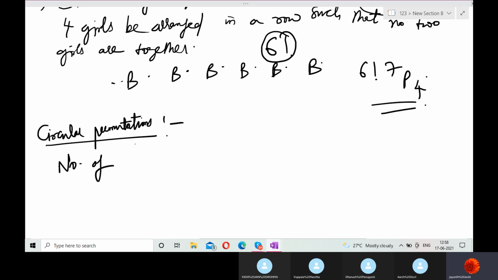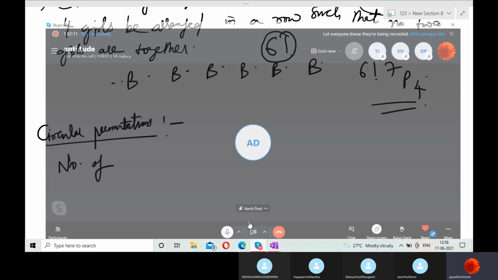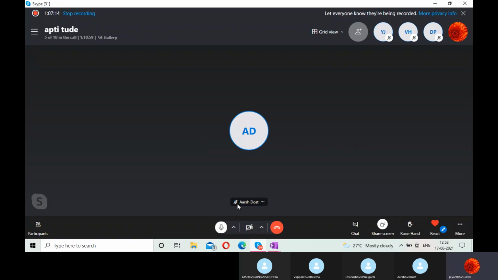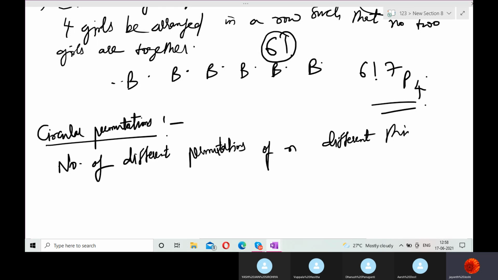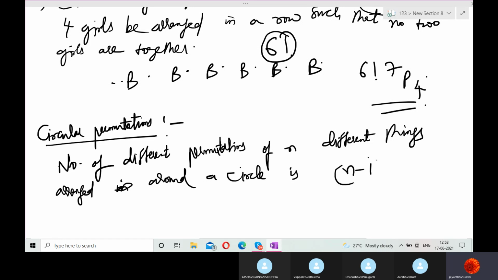Himani. The number of different permutations of n different things arranged around a circle is n minus 1 factorial.